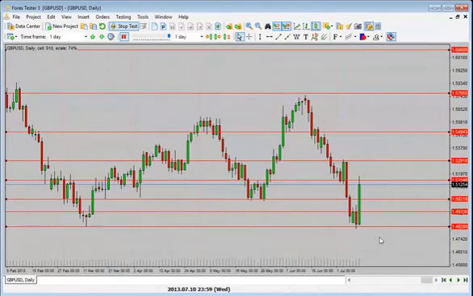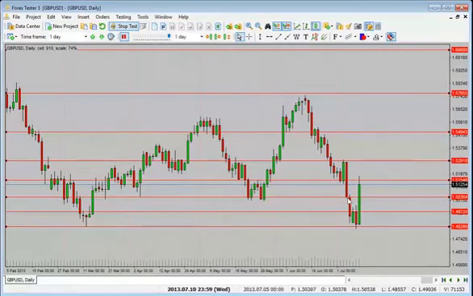Where do you think the price will go next? Personally, when we have a big candle close like this, I will look for a pullback and my bias would be for price to go up higher. So what I'm looking for here is price to pull back, potentially into this support and resistance area, and then try for the higher once again. So let's take a look. Sanjin says it's going to go up. Let's take a look.